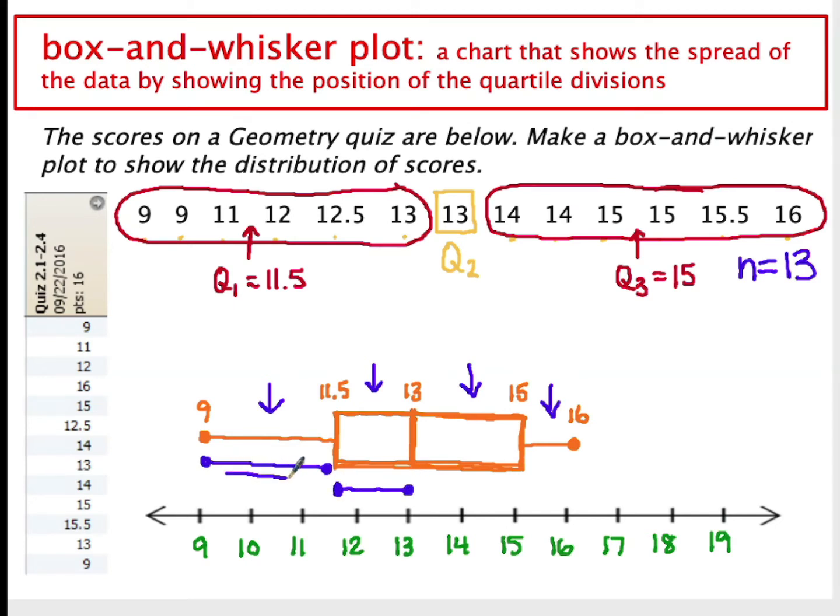It means that these 25% of values are more spread out than these 25%. Approximately 25% of our values should be in each of these sections. So again, Box-and-Whisker plots are really good at showing us how the data is spread out.